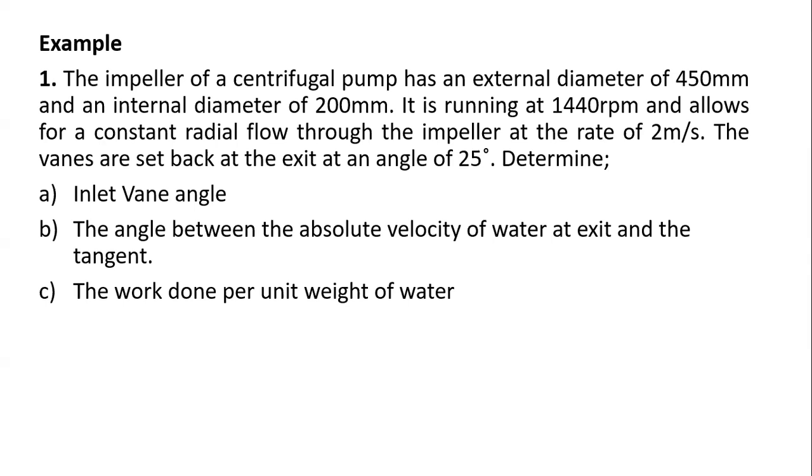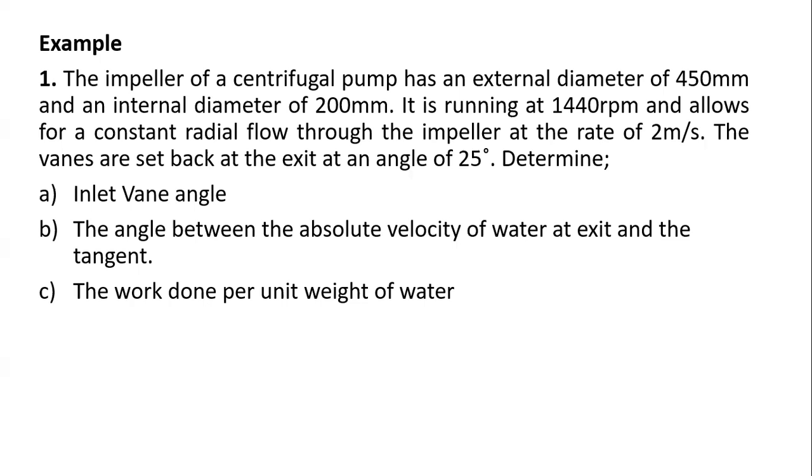Here's our example. We'll start with a pump. We have an impeller whose external diameter is 450 millimeters and internal diameter 200 millimeters. The speed at which this impeller is running is 1440 RPM. We're told that the flow through the impeller is at a rate of 2 meters per second.